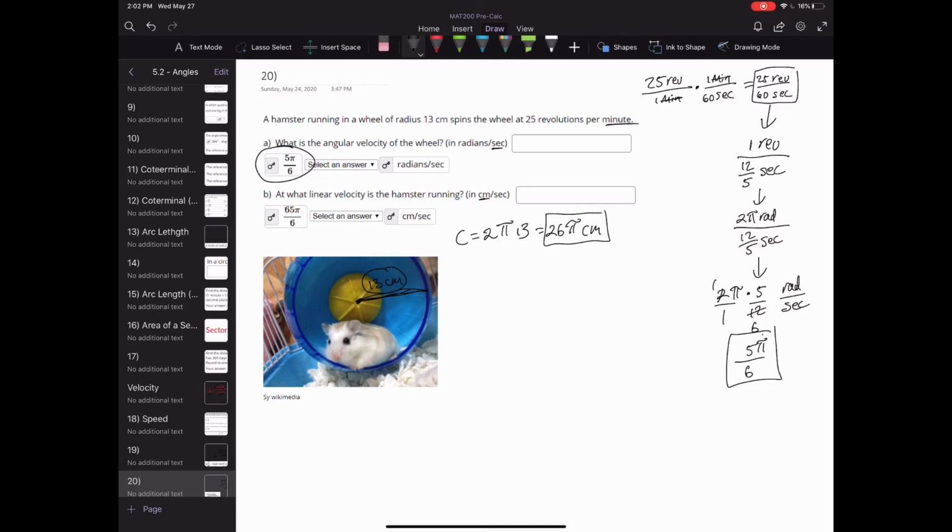So we know that the hamster could do 26 pi centimeters in 12/5 seconds. Remember, that's just one revolution. That's the same thing as this. This is what I used. One revolution in 12/5 seconds.